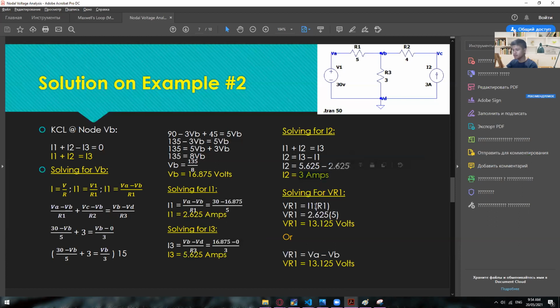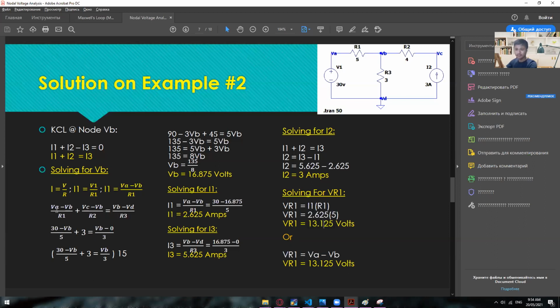And then from here, we can now solve for the value of VR1 and VR2 and VR3. So VR1 first, so I1 times R1. I1 is 2.625 and then R1 is, where is that one? 5 ohms. So 2.625 times 5 will give us 13.125 volts. Or you can actually use this one.